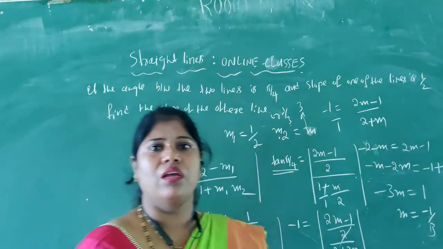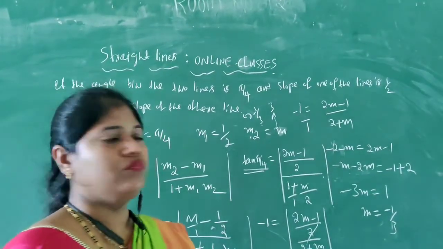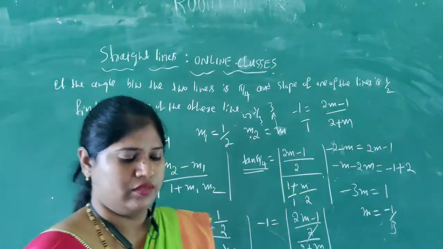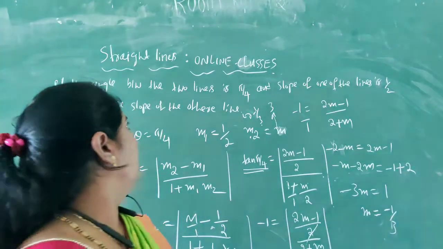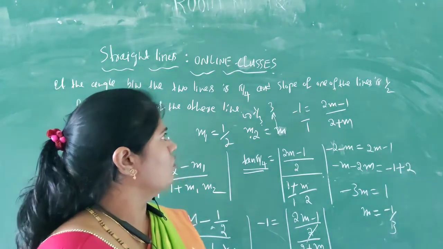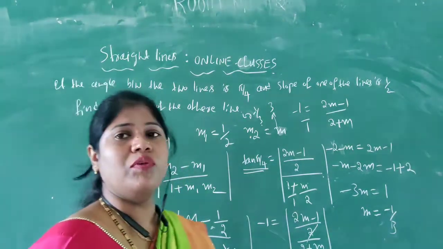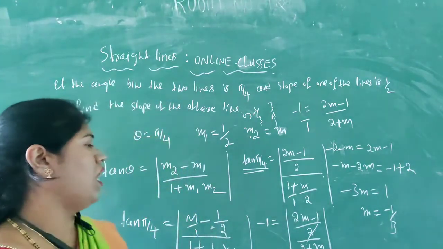So this is a very important question. If the angle between the two lines is pi by 4 and the slope of one of the lines is 1 by 2, then we need to find out the slope of the other line.